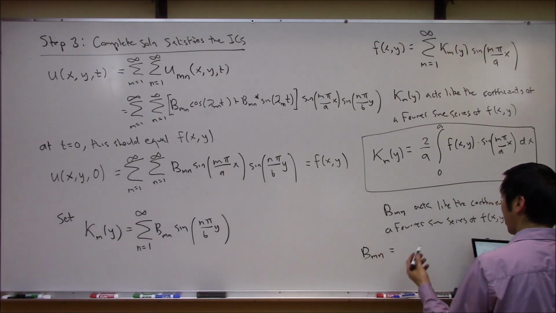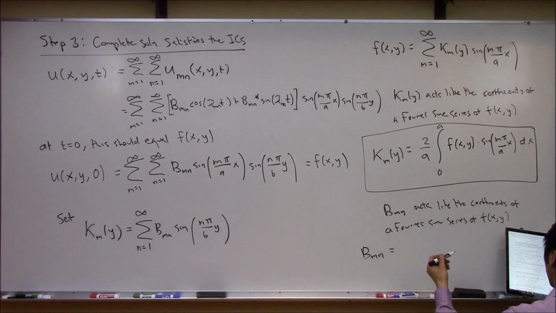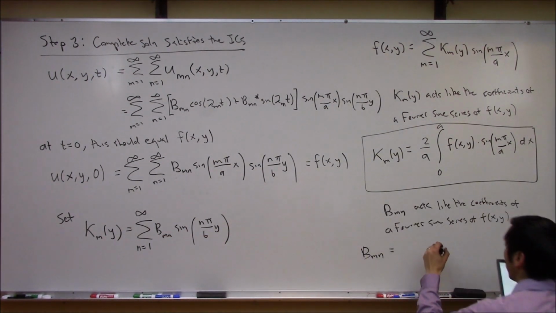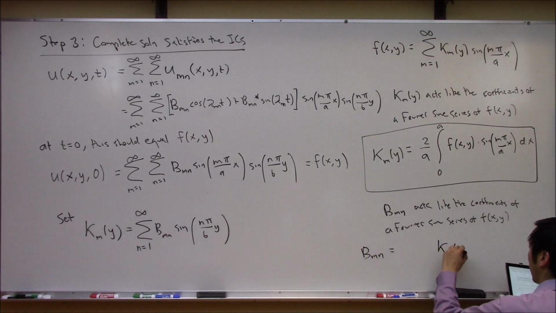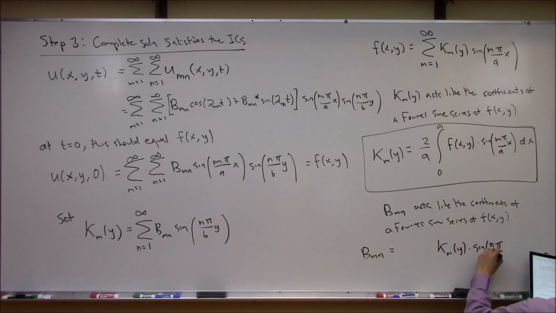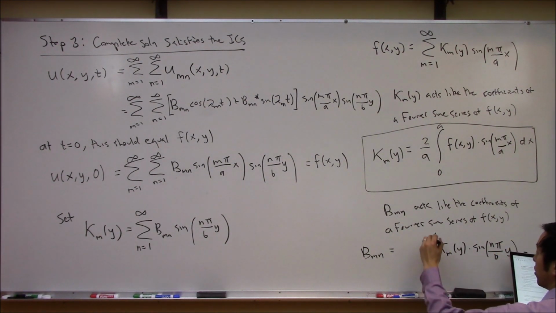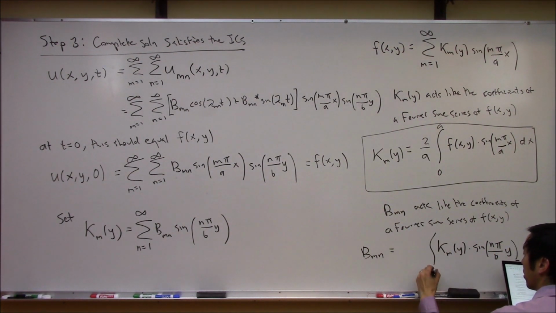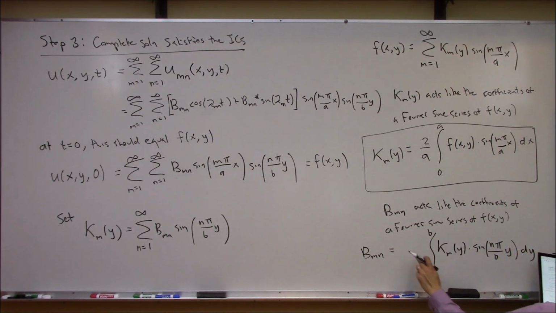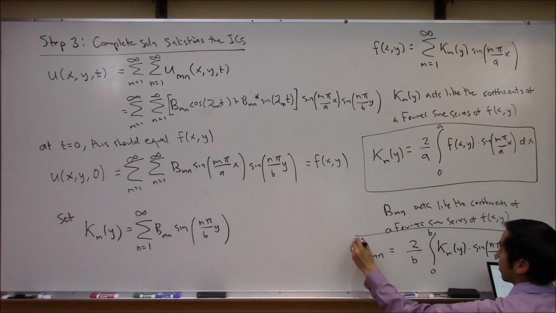This was given by a very similar thing. The way you compute those here is you take the function that you're looking for. The function that we're trying to recreate again is that km of y. So I have km as a function of y here. I multiply this by sine of n pi y over b, and I integrate from 0 to b, dy. And then I tack on up here a 2 over b. Great.